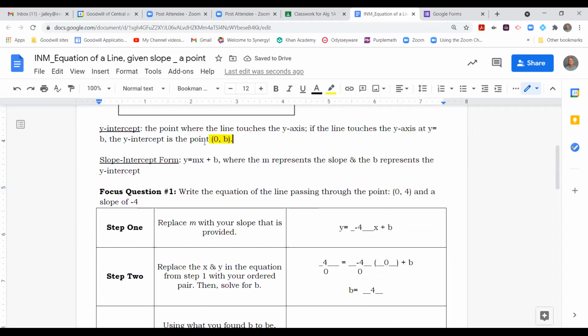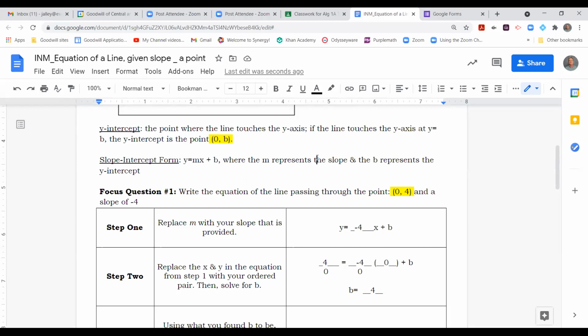It says the Y-intercept is the point 0, comma b. Look at the point that they gave us. 0, comma 4. You're always going to have the point on 0 and then up 4 or down 4, right? No. The Y-intercept is only on the Y-axis.